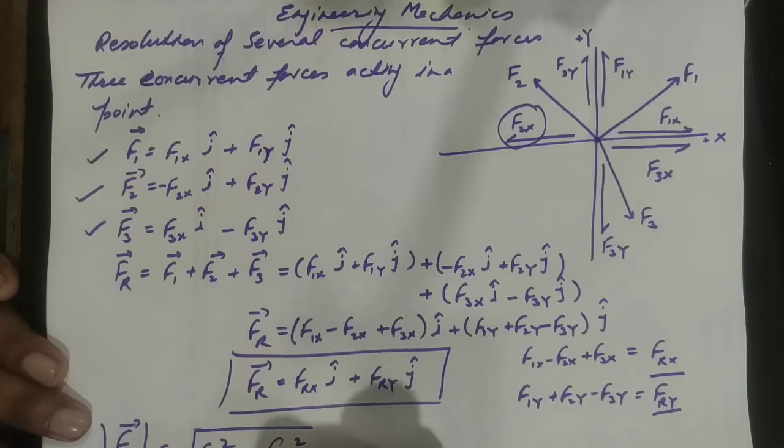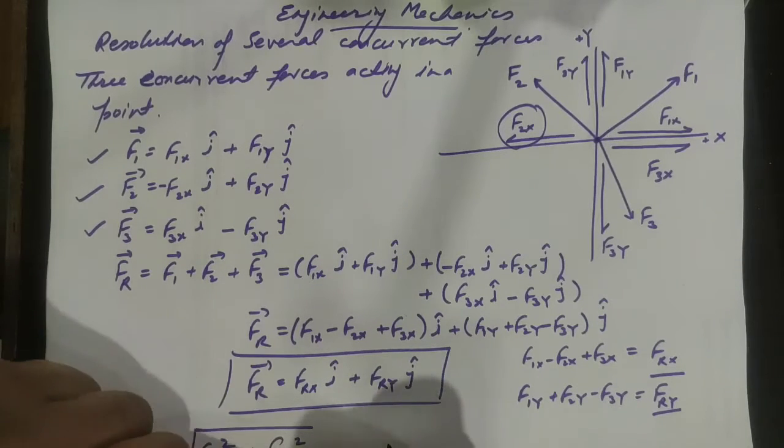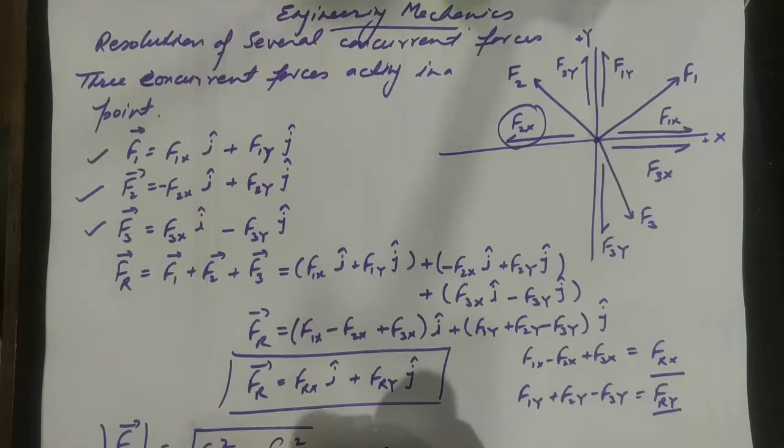Then we get the magnitude of the resultant force. And if we need to calculate the angle, tan theta is equal to Fry divided by Frx, then we get the angle theta from this.